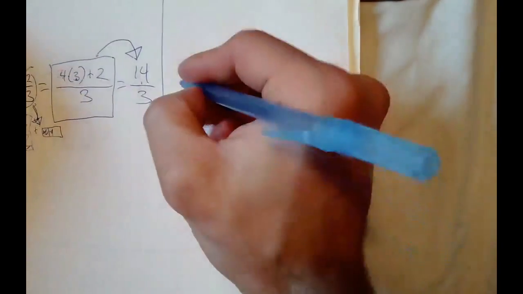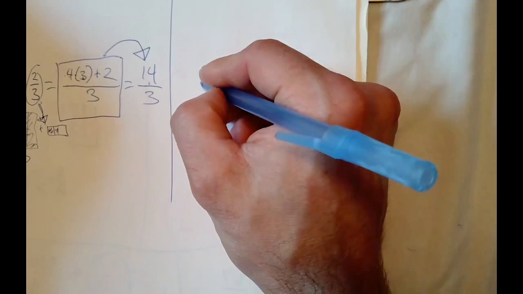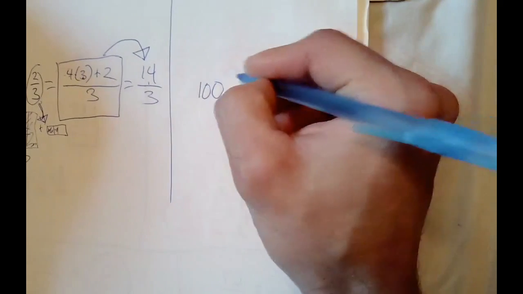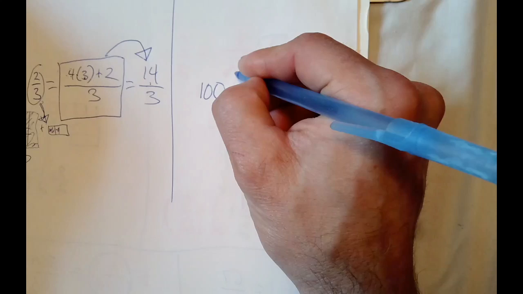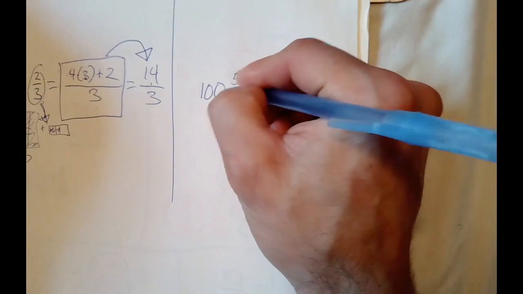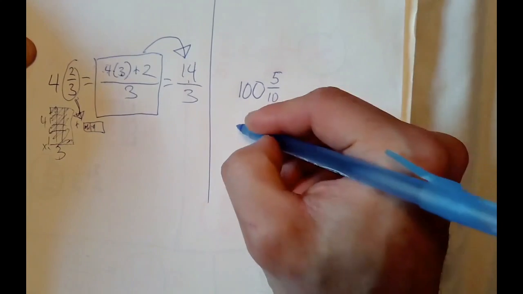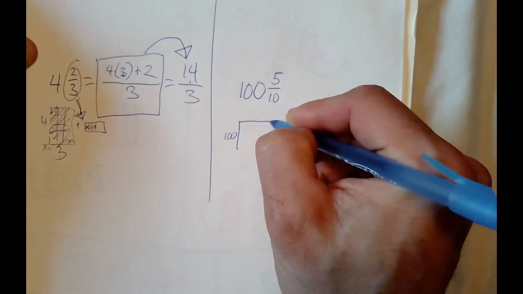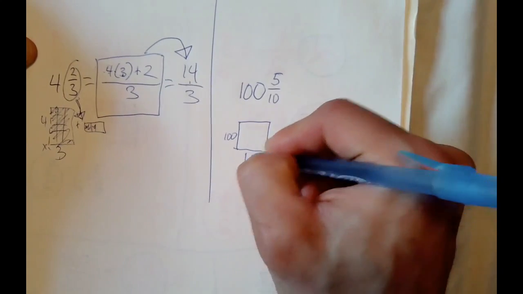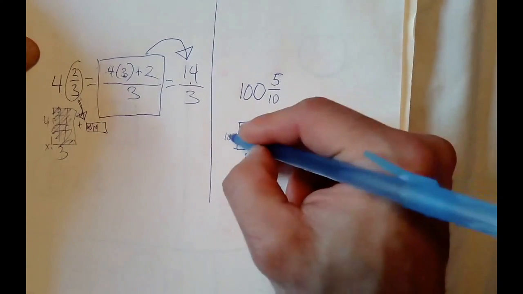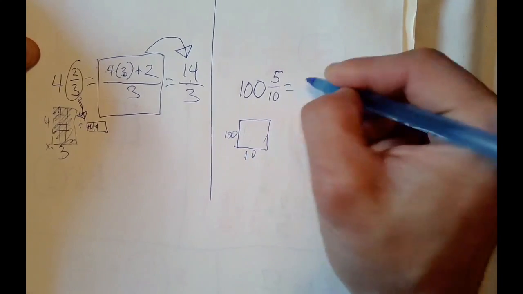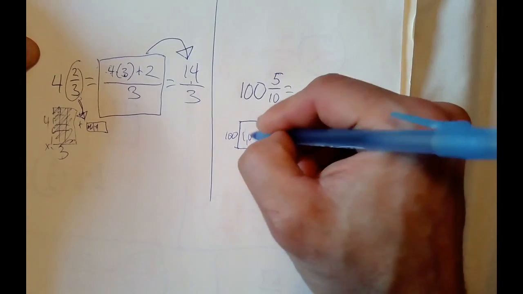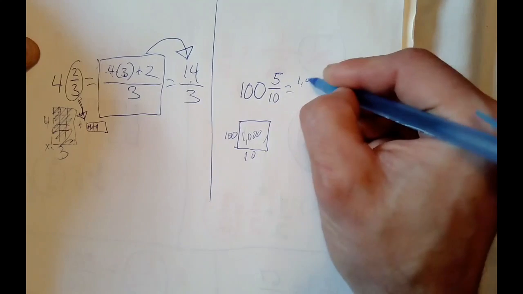Let's do another. Let's say we have 100 and 5 tenths. Now here, I don't really want to draw out my 100 wholes, but I know there's 100 of them. And how many pieces do each one have? They have 10. 10 pieces. 100 times 10. 100 times 10 is 1,000. There's 1,000 pieces there.